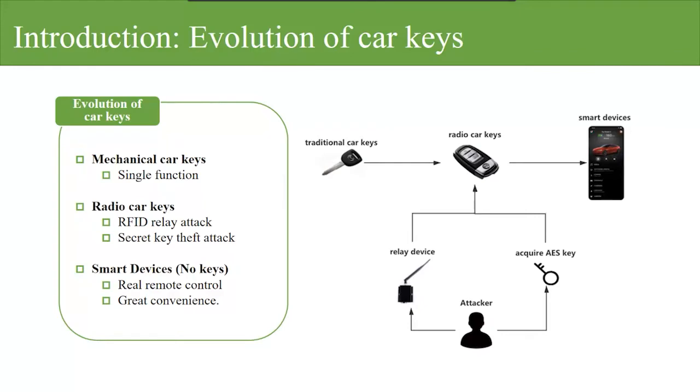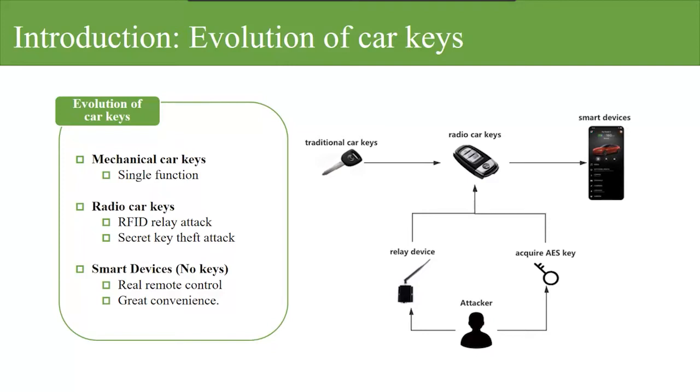In the past few decades, with the upgrading of automobile control systems, the human-vehicle interaction mode has been constantly changing. In the beginning, people used a traditional mechanical car key to open the door and start the car.